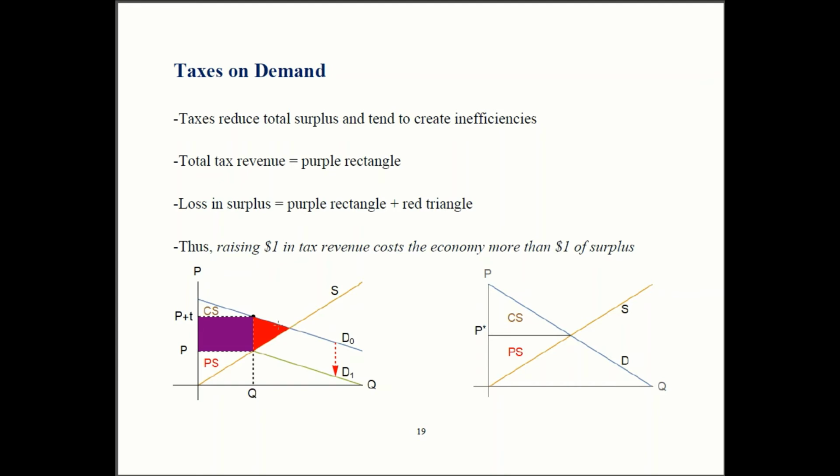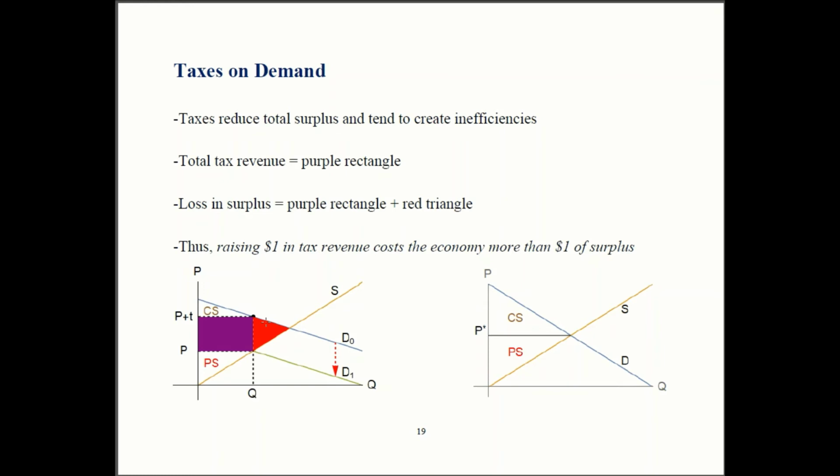Consumers' willingness to pay was up here at D0, their old demand curve. So they're willing to pay this much. Producers would have accepted this little, the amount given by their supply curve down here. So suppliers would have accepted a price that was less than what consumers were willing to pay.